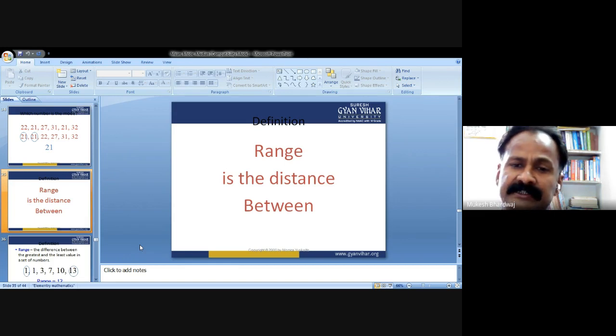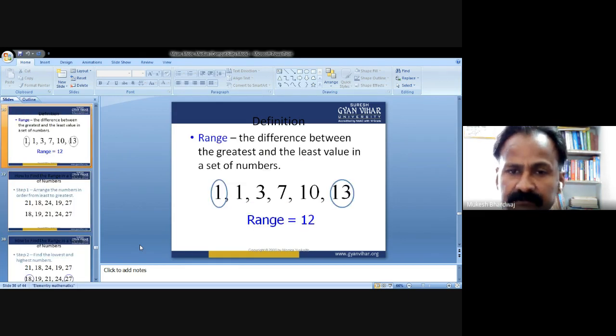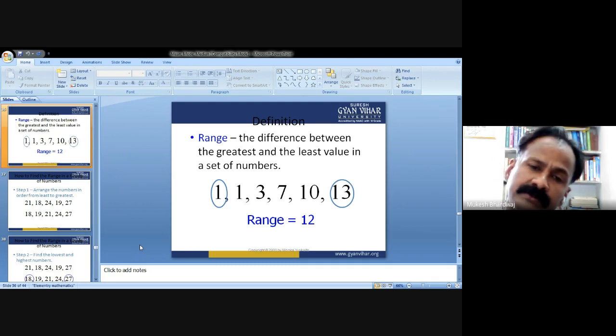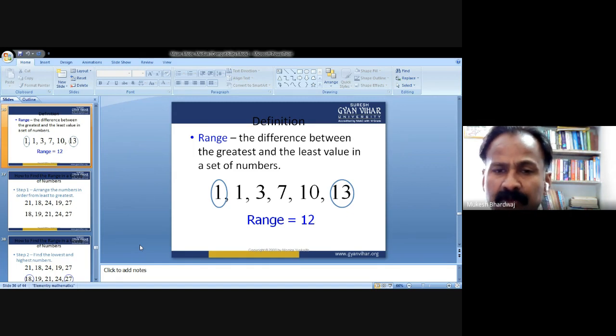So range is the distance between the greatest and the least value in the set of numbers. Suppose a set of numbers is provided to you: 1, 1, 3, 7, 10, 13.